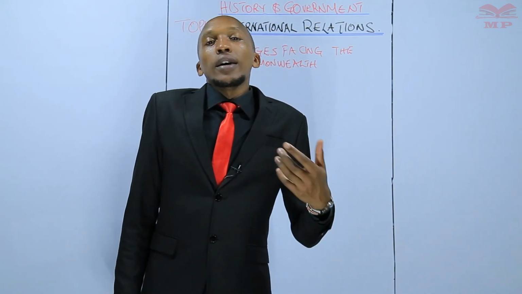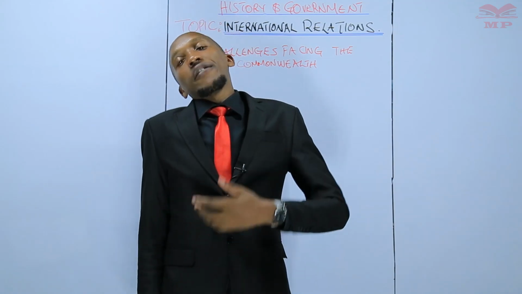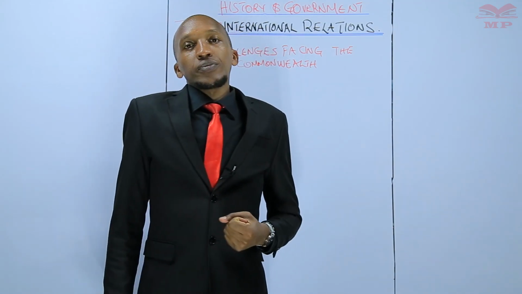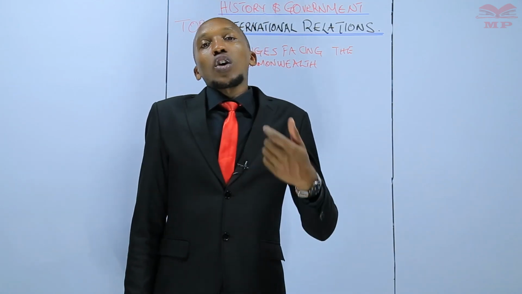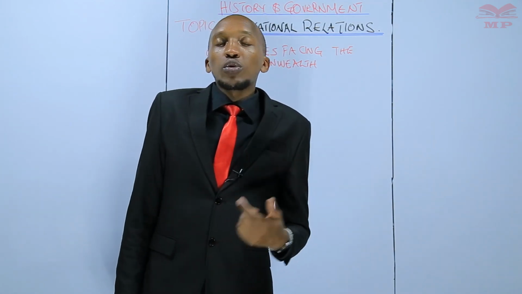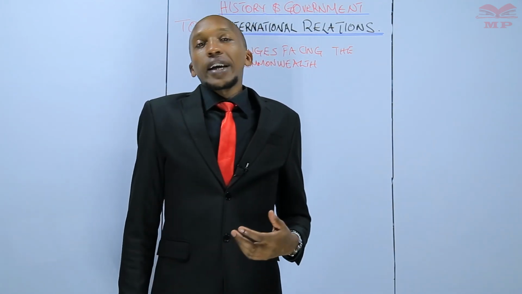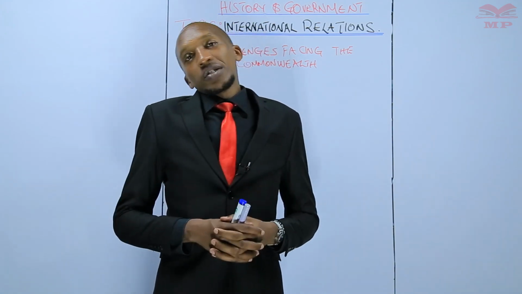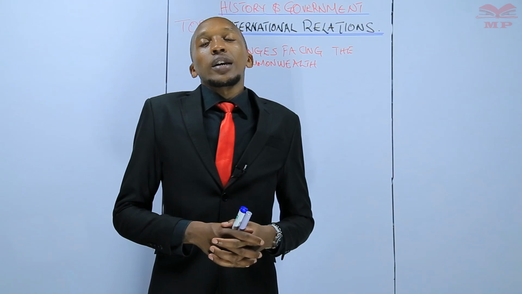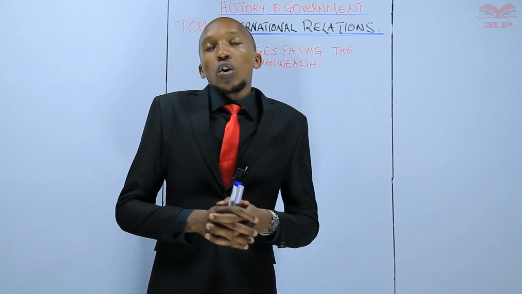We also were able to learn about the functions of the Commonwealth. We also learned about the organization, how the Commonwealth is organized, and then we also learned about their achievements as an international organization.